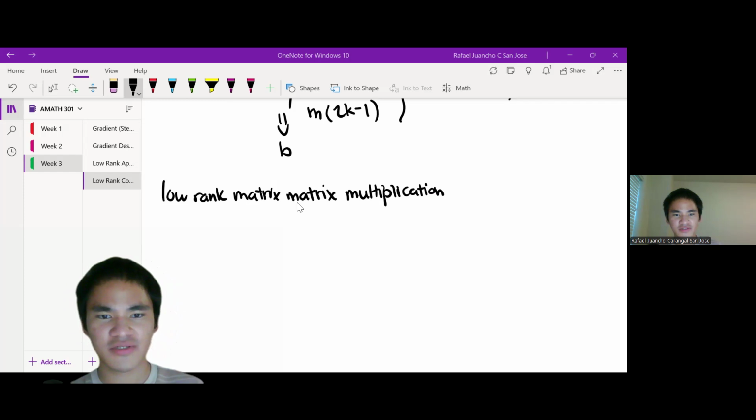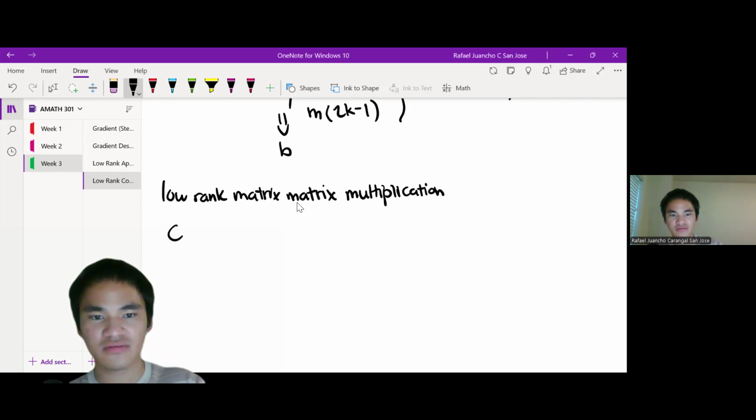Say we're given two matrices. I'm gonna say my A matrix and my B matrix, right?